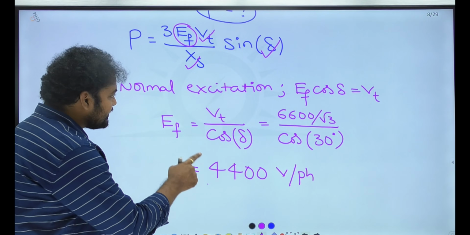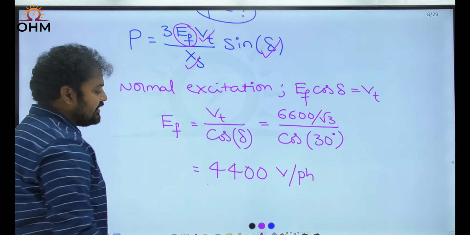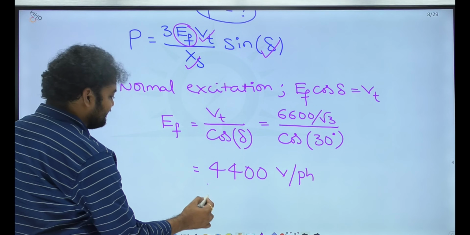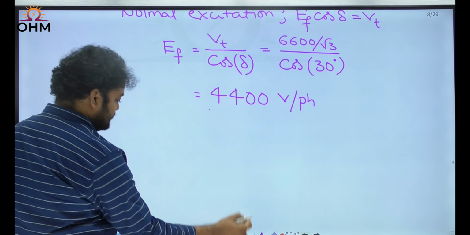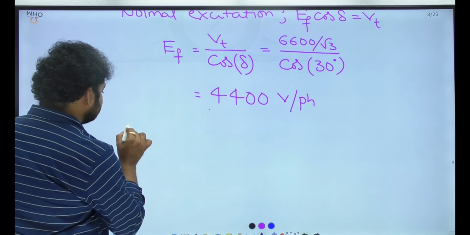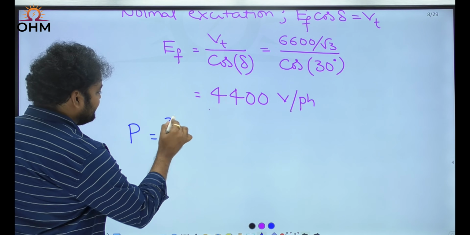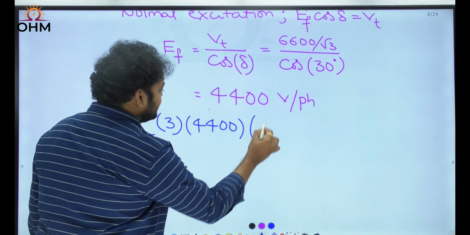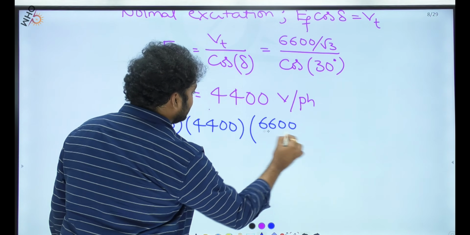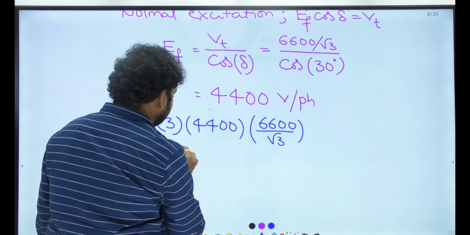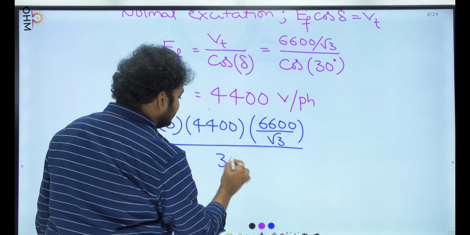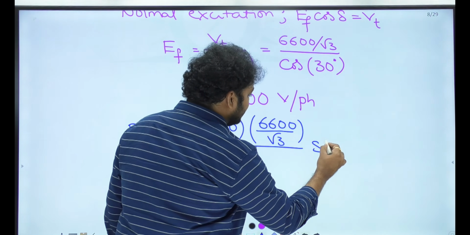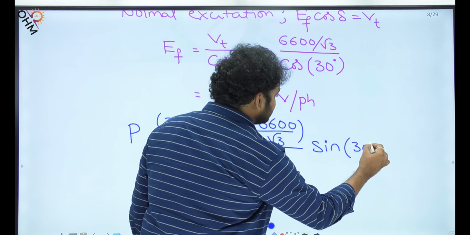Now, the moment I got EF value, I can easily calculate active power. You can solve it. So, now active power P is equal to 3 times EF 4400 and what is VT? 6600 by root 3 divided by XS, given as 30 ohms, into sine delta, 30 degrees.